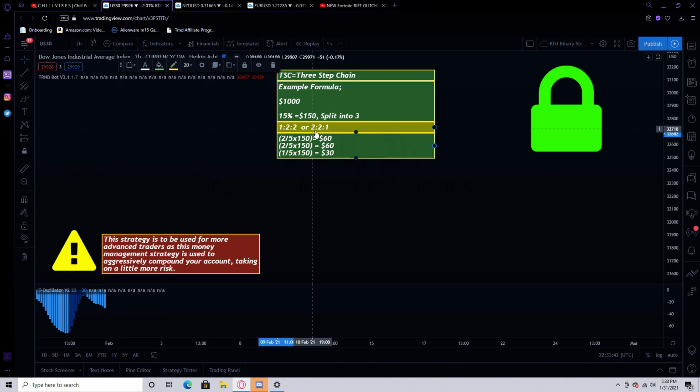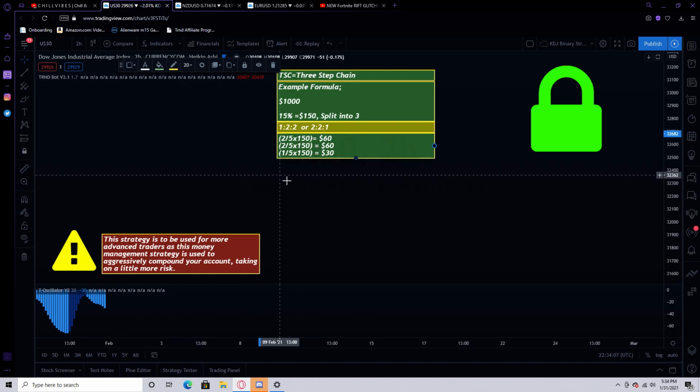That's the first 2. The second 2 is the same exact thing. 2 divided by 5 times 150. And guess what? It equals $60. Now the last one is 1. 1 divided by 5 times 150, which equals 30. So hopefully this makes more sense, guys.